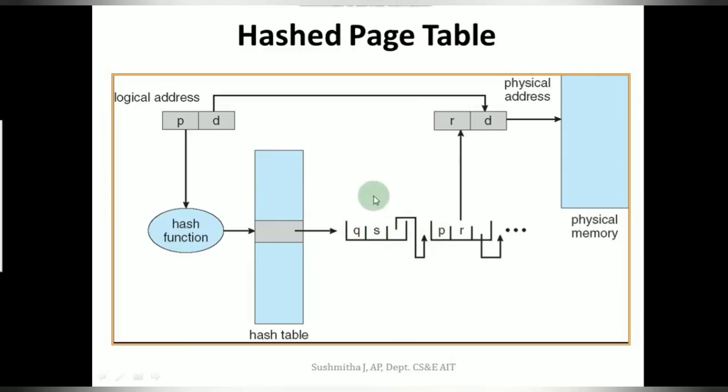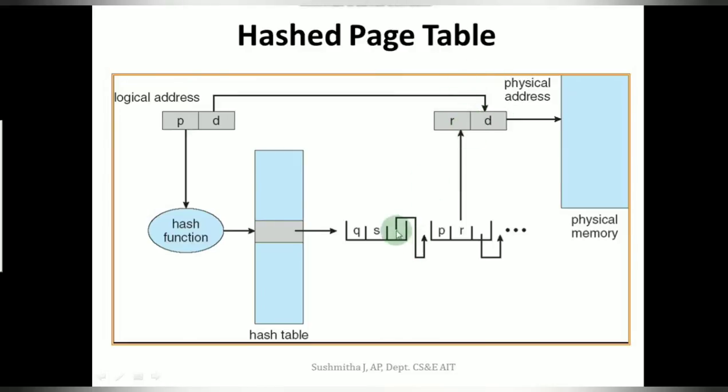Here we are using a linked list to implement this. So what happens? The logical address has the logical page number, which is hashed into the page table by running the hash function. Now this virtual page number is compared with the first element in the linked list. If there is a match, the corresponding page frame is found, and that gives the frame we are looking for.